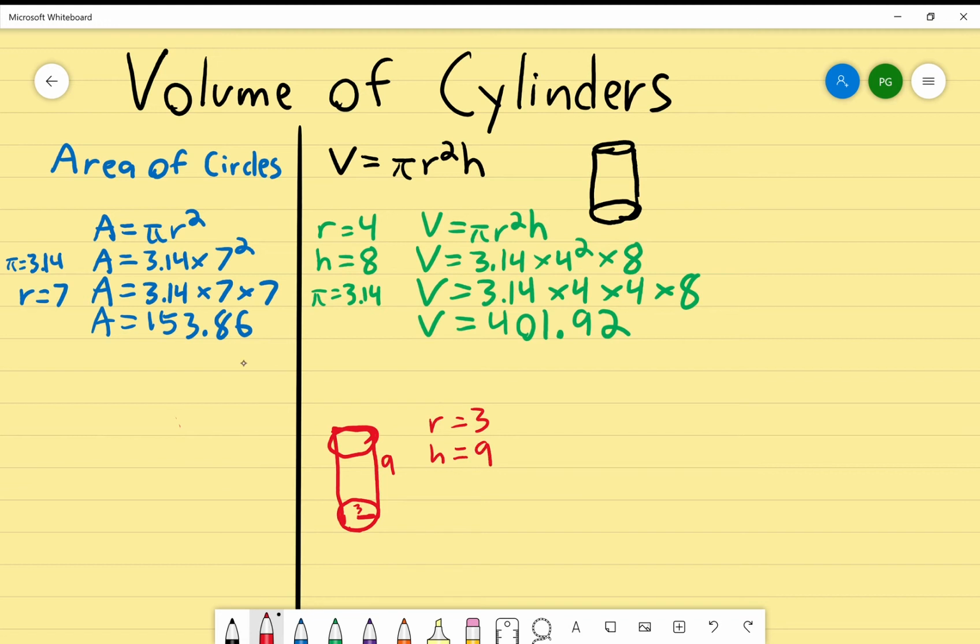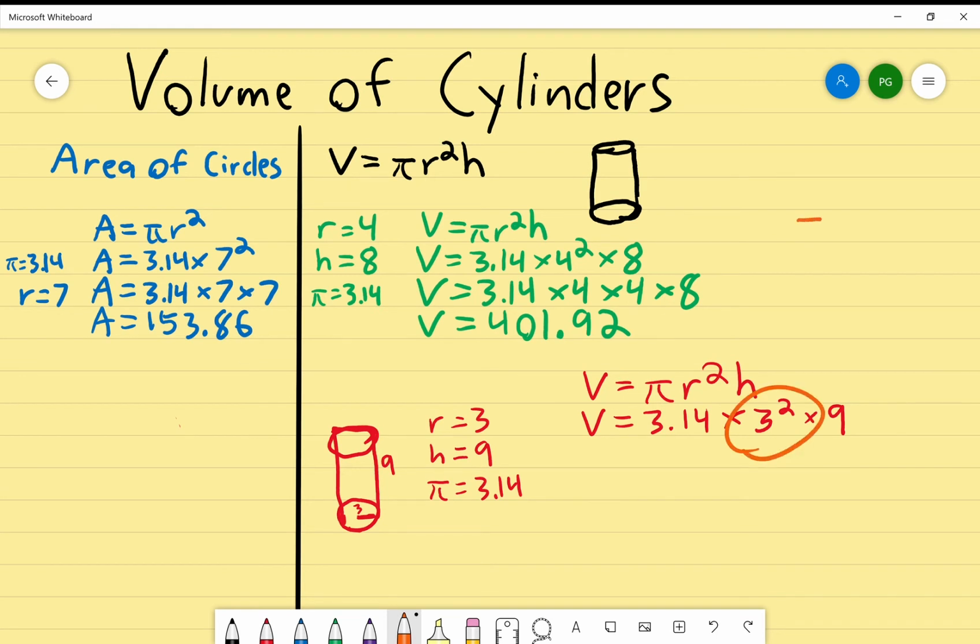Okay, let's rewrite the formula. Volume equals pi r squared times height. Let's replace everything inside it for what we already know. Pi is always 3.14, so 3.14 times r, which is 3 to the second power, times 9, which is my height. Remember, 3 squared is not 3 times 2, it's 3 times itself 2 times, so 3 times 3.